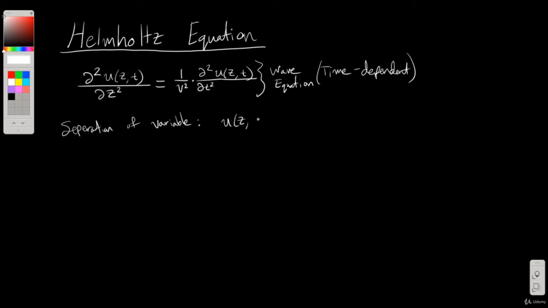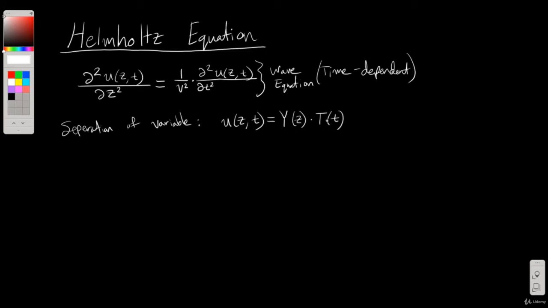So if we have u of z and t, you can effectively separate these variables as Y of z times T of t. Here I'm just introducing these two new variables. Oftentimes when you use separation of variables, you use capital letters, and so you have Y of z and T of t.